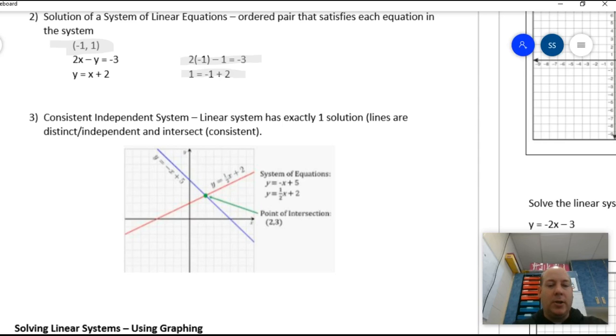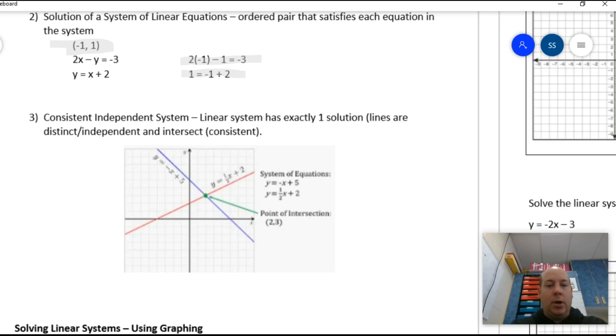That point is a solution to the red line because it's on the red line. It's a solution to the blue line because it's also on the blue. So again, when we're talking about a solution to a linear system, if it's a consistent independent system like that, you're going to have one solution. It's that intersection point. Okay, so you can see the point of intersection there would be at (2, 3). We'd say that's the solution to that system.